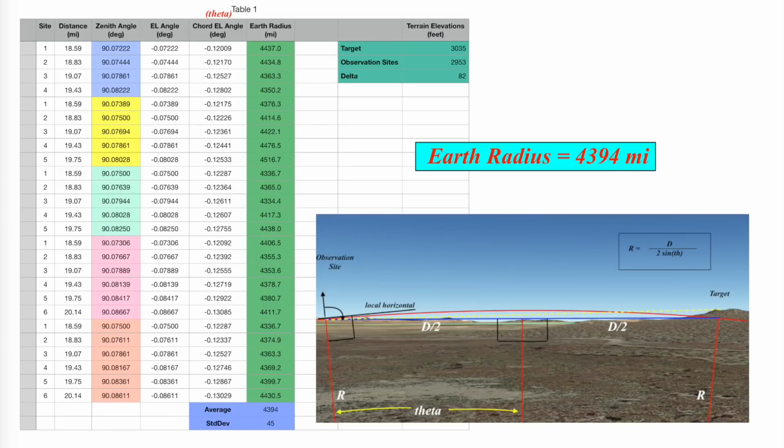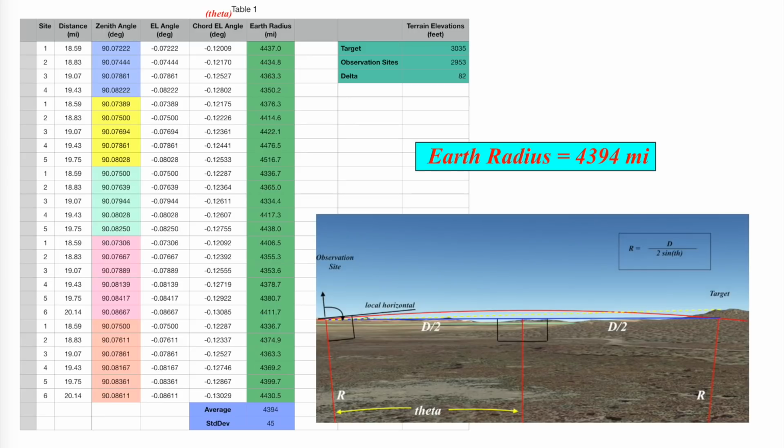To do that, look at the diagram, the picture there in the lower right. The blue is the chord length. We can bisect that and we have two triangles. And there's my equation, simple trigonometry.